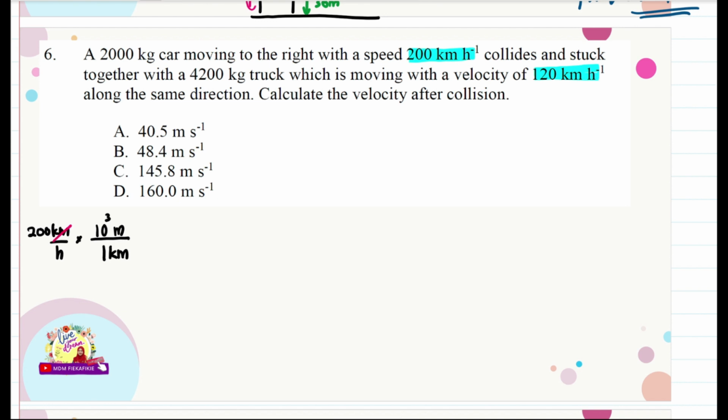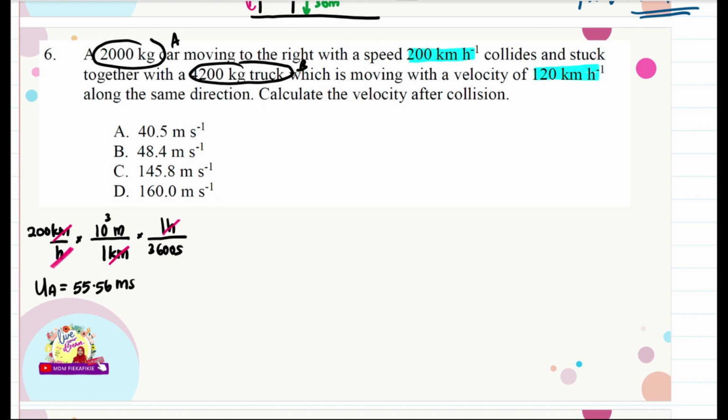So, yang ni you boleh cancel. And then, hour you nak tukar kepada seconds. So, hour dekat bawah. So, kita ada hour dekat atas. So, 1 hour is 3600 second. Okay. So, cancel hour. And then, you boleh kira lah. Untuk car yang pertama ini, let's say lah this is car A and this is B. Truck ni adalah B. So, kita boleh letak UA is equal to, saya dapat 55.56 meter per second.